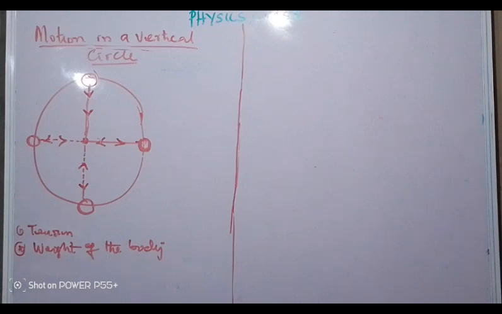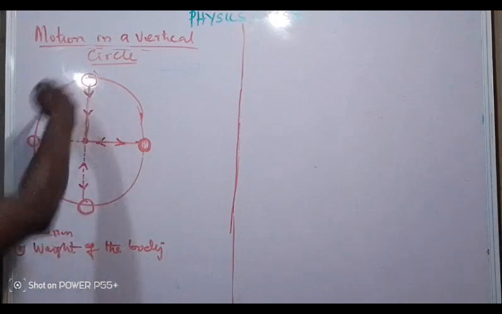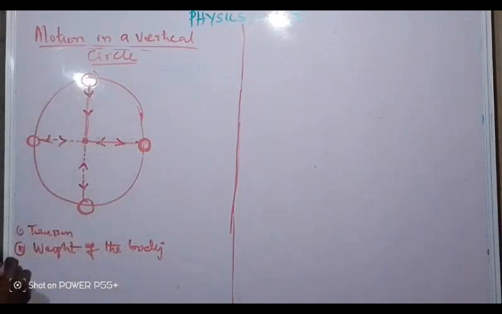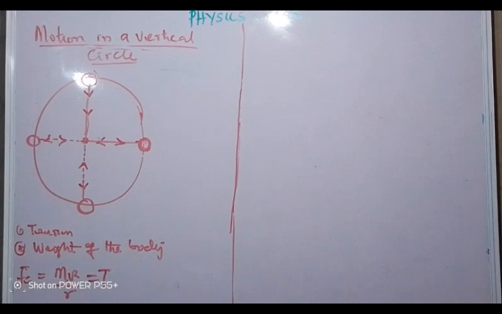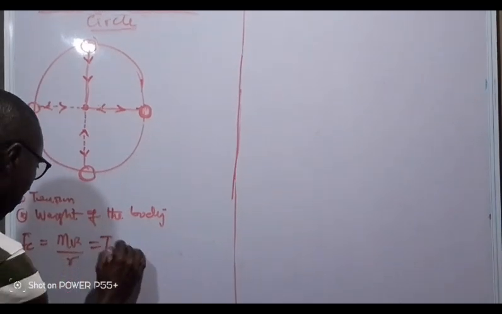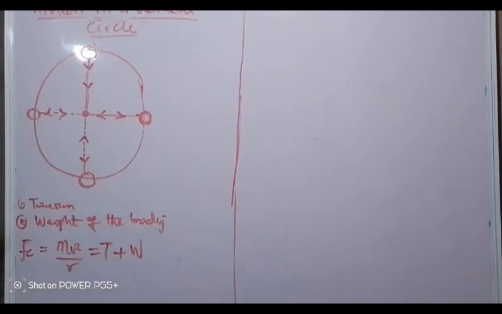But the total centripetal force, once the object moves through this vertical oscillation, Fc will be equal to mv squared over r, which will be equal to the tension on the string plus the weight of the object.